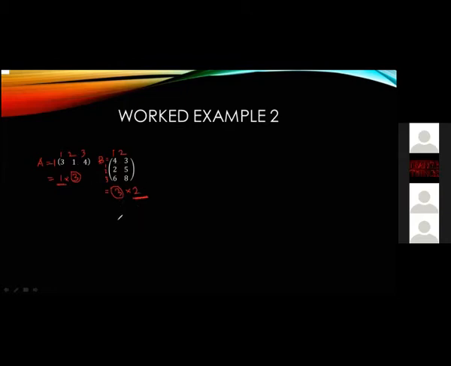So the result must be a one row and two column matrix.